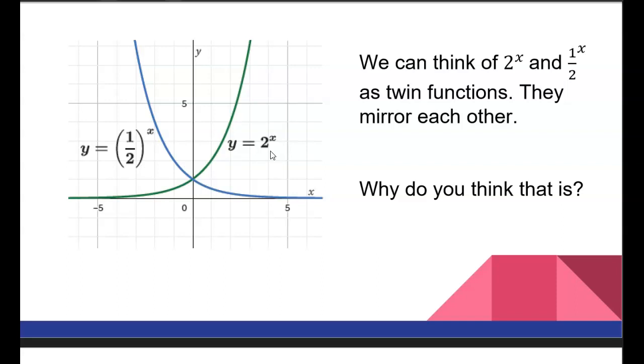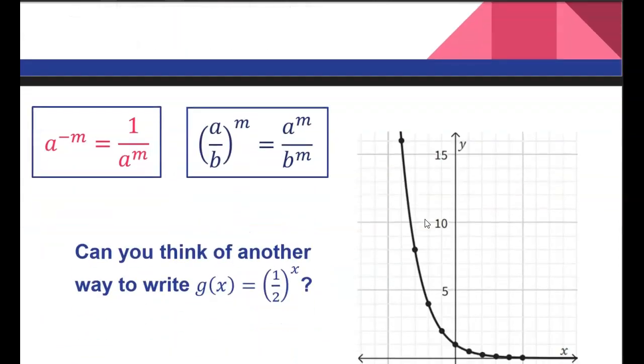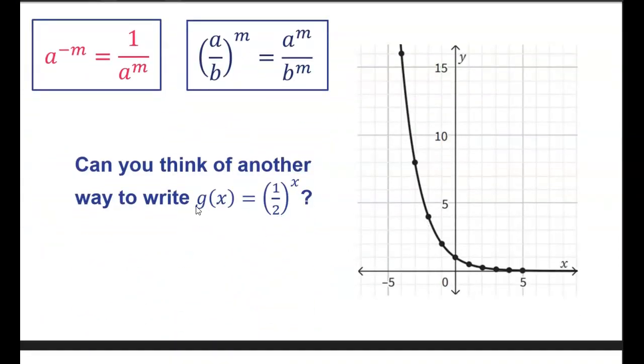Does that make sense if we do negative values over here and negative and positive values over here, that they'll be reversed like that? This is a fraction. I'm not sure I would see that. But maybe we can use some of our rules of exponents to write this function a different way and it'll become clearer. Can we think of another way to write that function using these rules?